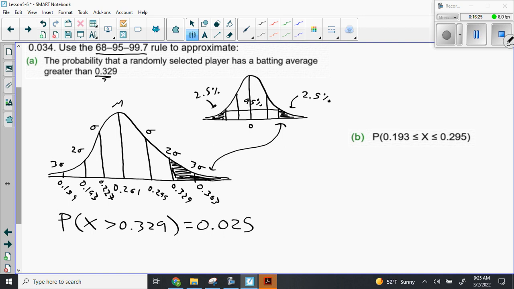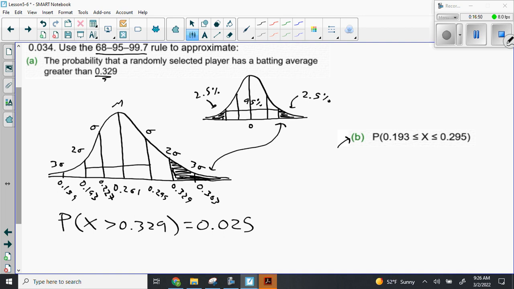All right, how about the probability that x is between 0.193, we'll leave it at this one, and 0.295? So that is from here to here. We've got to do a little weird geometry with this.